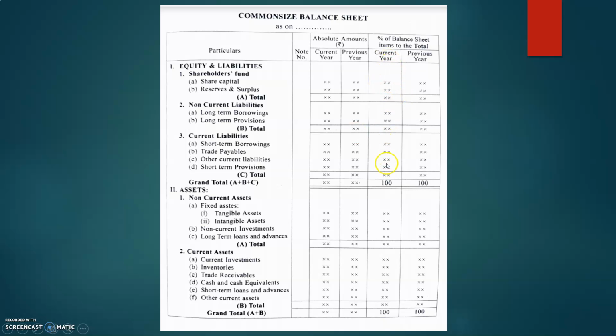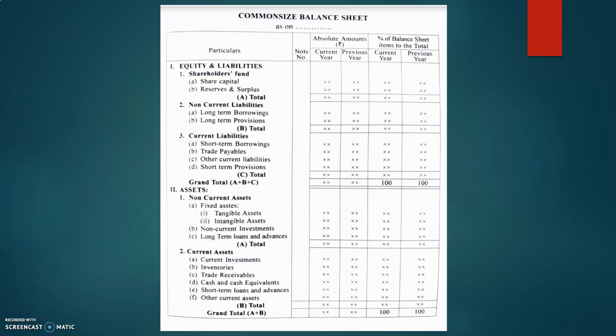So here you will be getting a series of percentages. For the previous year, if you want to calculate, it will be the share capital of the previous year divided by the total of assets. Inter-year comparisons are not made here. The calculations are based purely on the figures given in that particular year only.